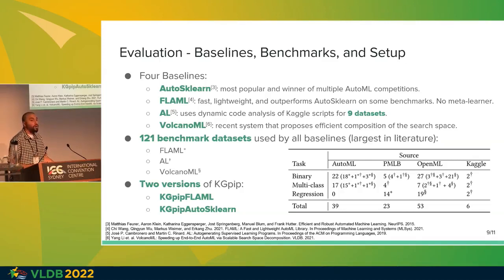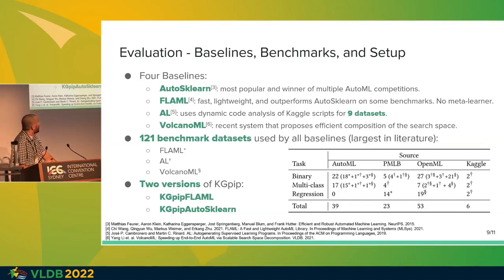We have 121 benchmark datasets. This is the most comprehensive benchmark for AutoML so far. We took the datasets of all these systems and combined them in order to evaluate our system. For each of these datasets, we evaluate the system and see the target score, and then we average it over all the datasets.